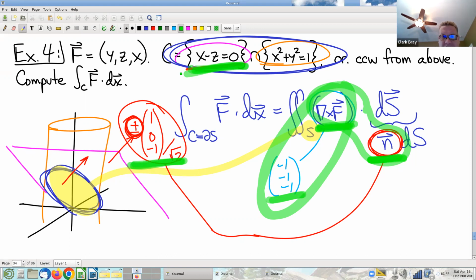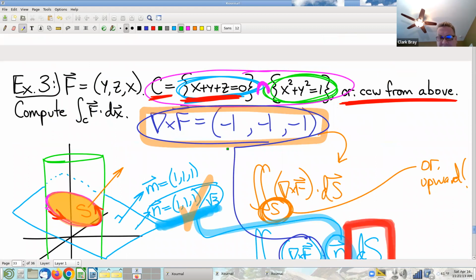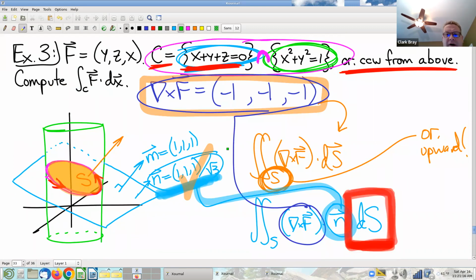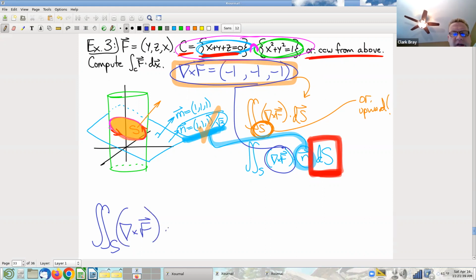It does occur to me one last thing. I am going to go back to example 3 here and say one last thing about it. There's a big mess on the page here. But let me write down that what we agreed on this question was that the best way to answer this question would be to compute the line integral by way of a flux integral of curl dot capital N dS dt.